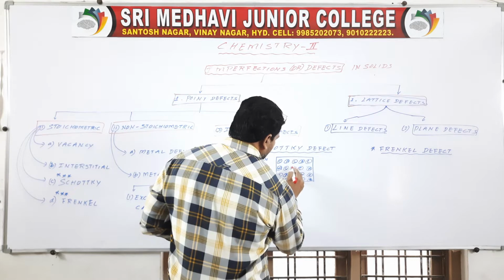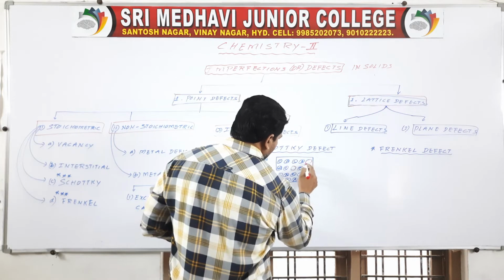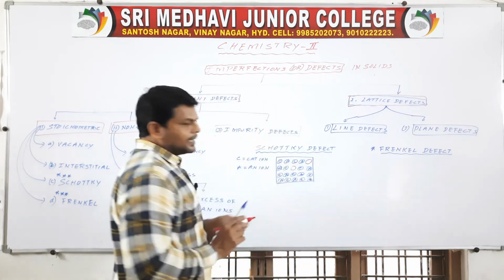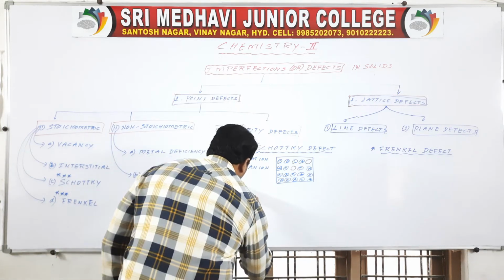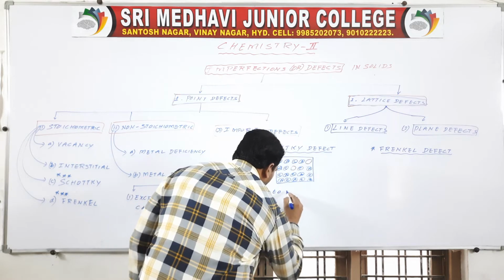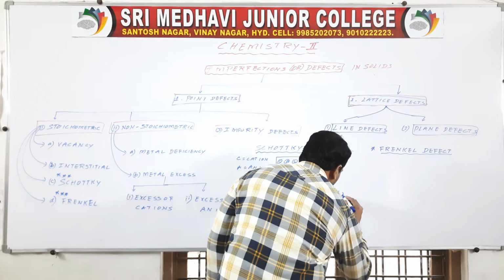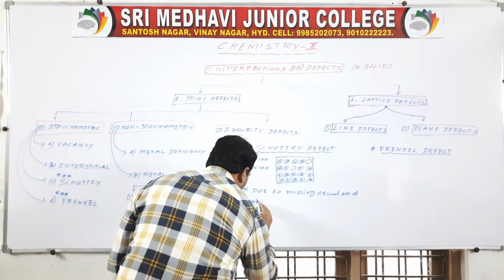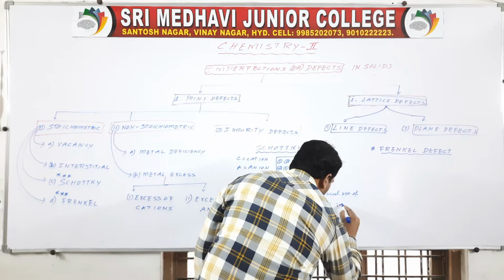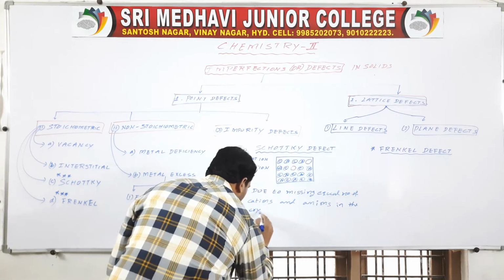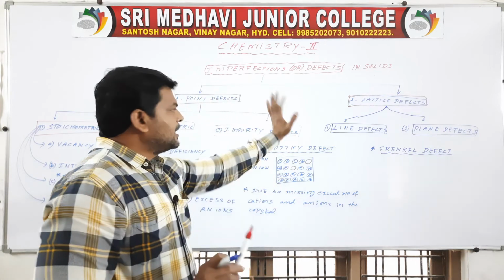Missing of equal numbers of cations and anions in the crystal is called the Schottky defect.